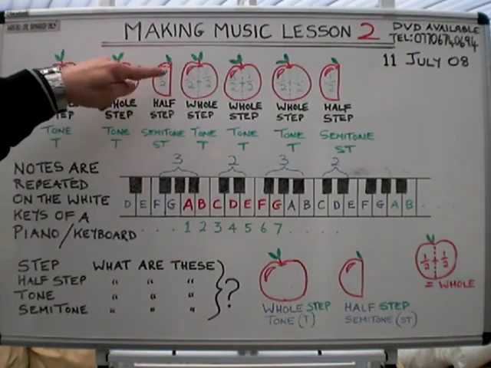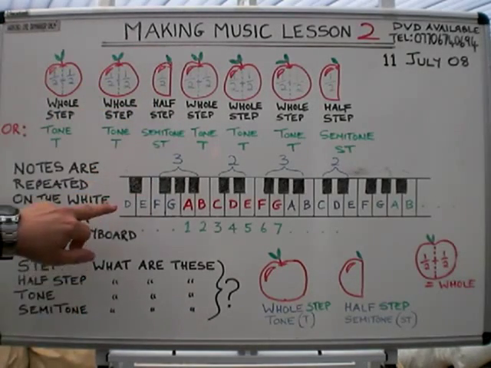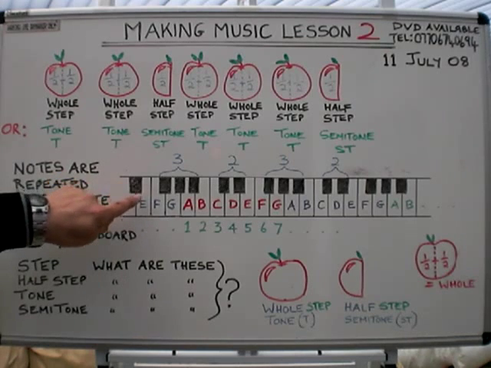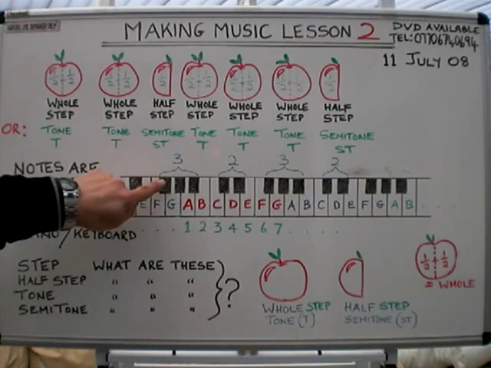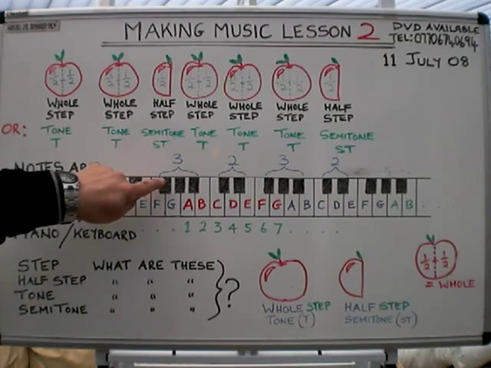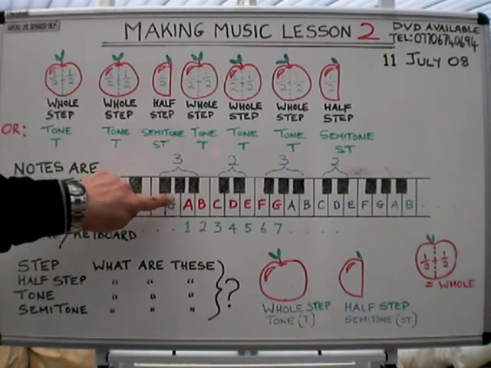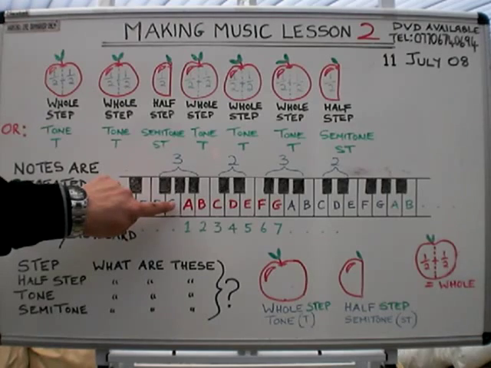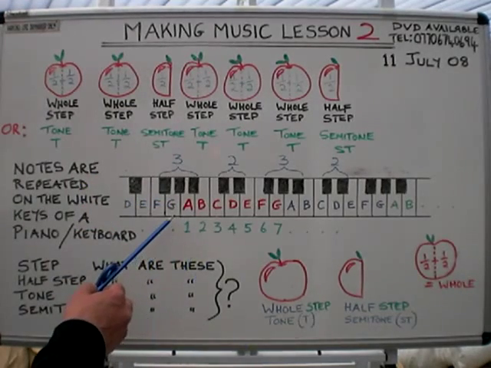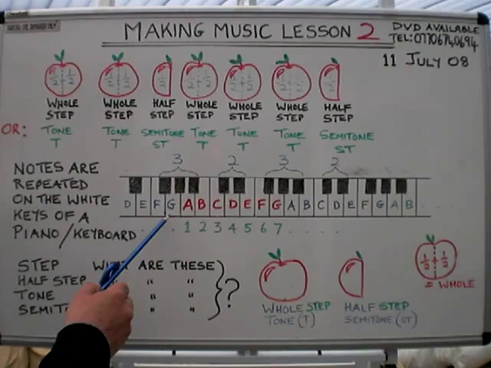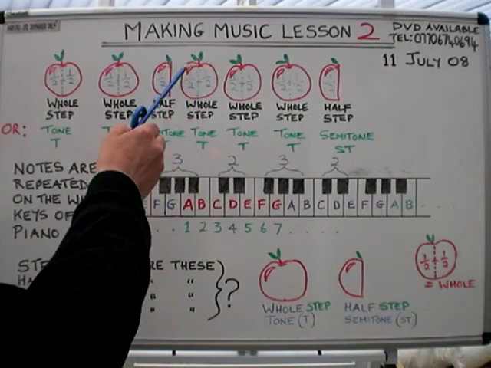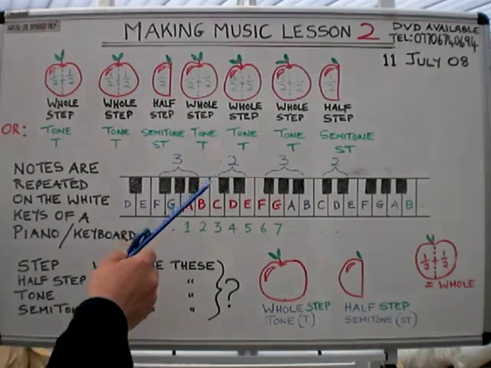Let's go back to what we were doing of halves. So whole, whole, we're there, and we'll do a half from there. Half. So we're on the G now. Let's do another whole, made up of 2 halves.